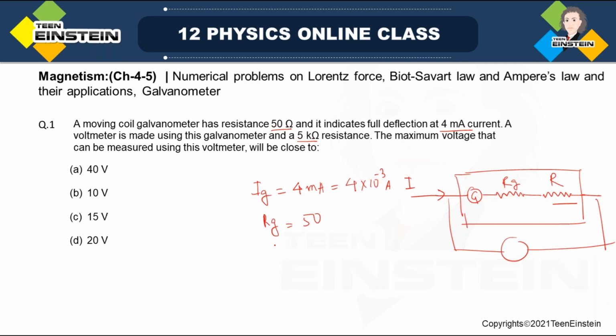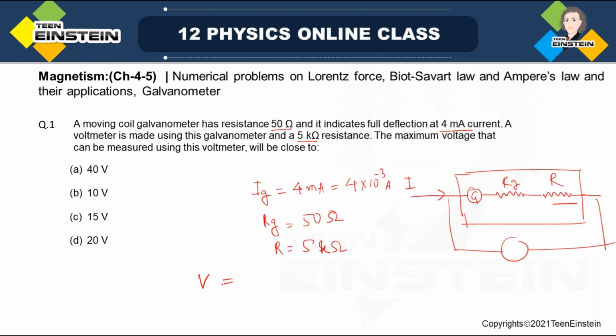R is, suppose, here 5 kilo ohm. Here it is given Rg is 50 ohm and this is 5 kilo ohm. Now we can solve this problem.